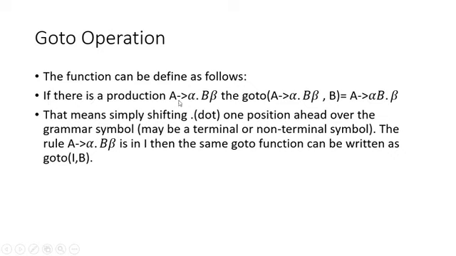If there's a production A derives alpha dot B beta, this dot will jump one step ahead, giving A derives alpha B dot beta, which means we are jumping over B. B is a non-terminal symbol, and it's very important to notice that. Then goto of B will be A derives alpha B dot beta. That means this dot jumps one step ahead.